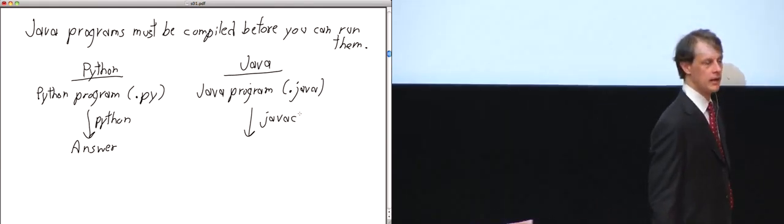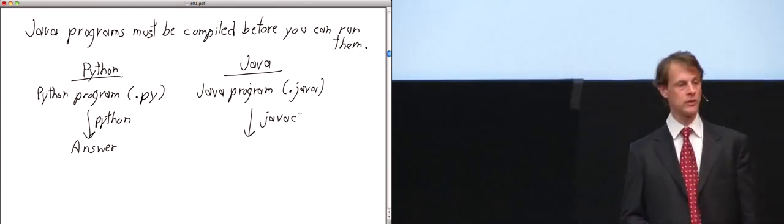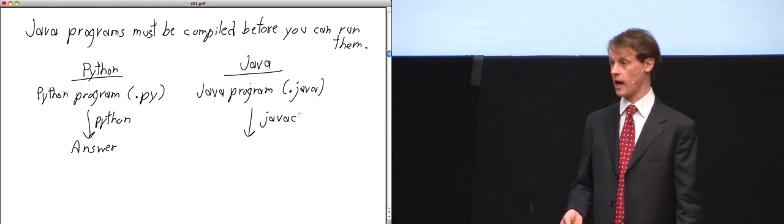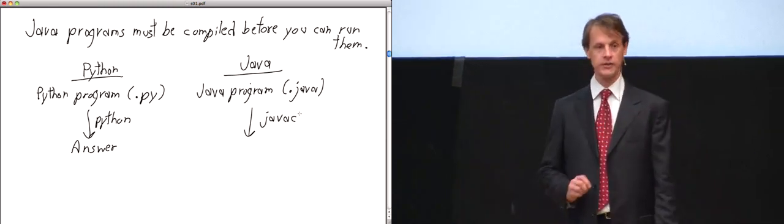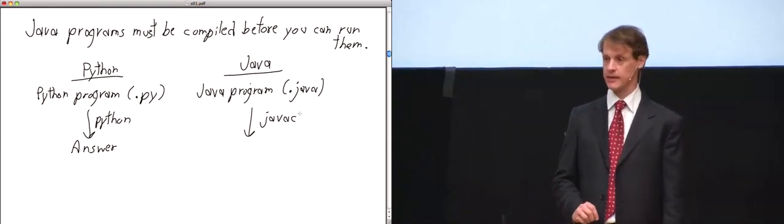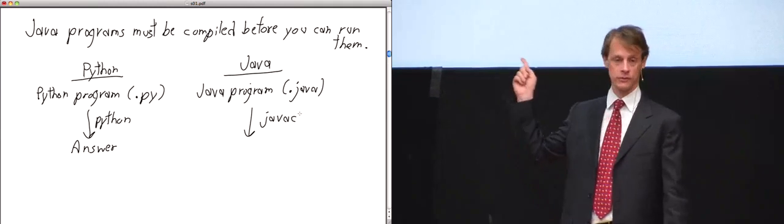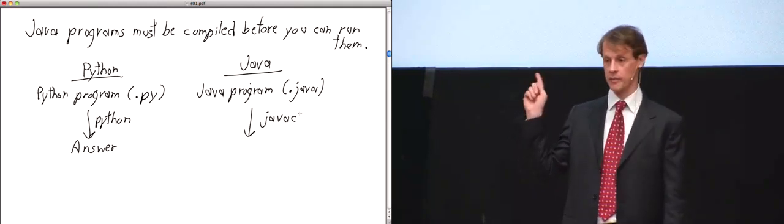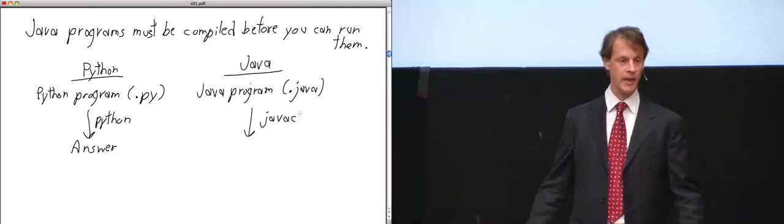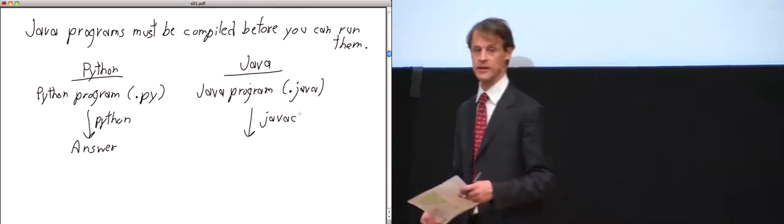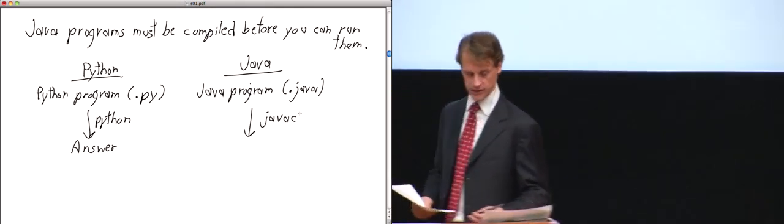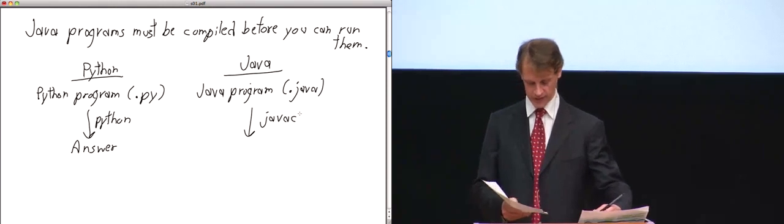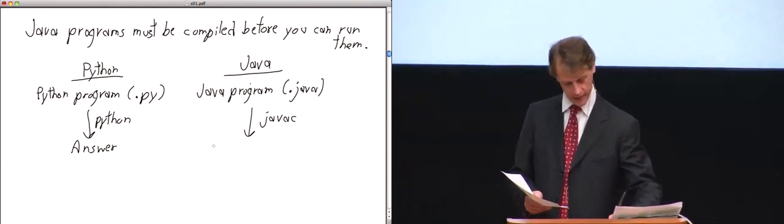Now, for those of you who are using an IDE like Eclipse or Xcode or whatever, I do think you should practice at least a little bit compiling and running Java programs from the Unix command line, so you know how to do it, because there will be times when you need to, even if you're using an IDE most of the time.